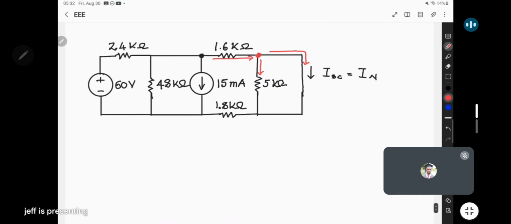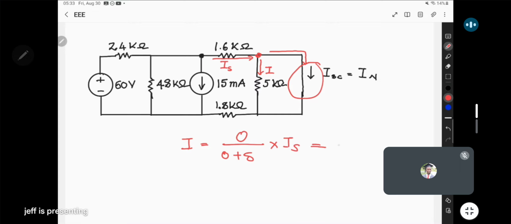If you want, you can even try to use current division here to determine the current that will go towards the 5. If I label that current as I, and the current that they are sharing, let's say I from the supply, then notice that I towards the 5 kilo ohms will be the other resistor. But look at this. This line has no resistance. So it will be 0 on top over the sum of the resistances, 0 plus 5, multiplying the current from the supply.